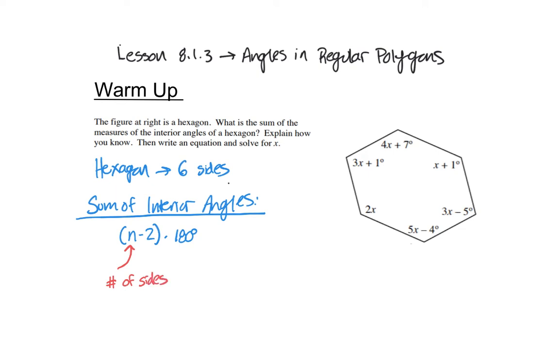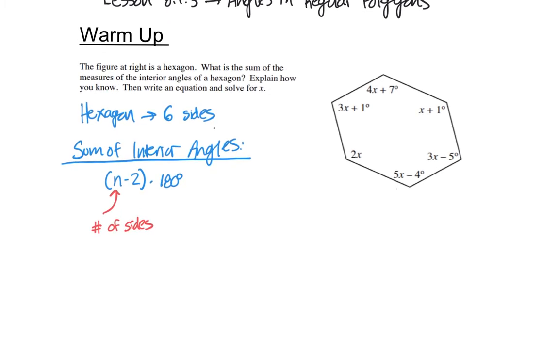So this formula, if you take 6 minus 2 times 180, will tell you what all of the individual angles added up together equate to. If you add all of these angles all the way around, n minus 2 times 180 will do that for us. So let's go ahead and determine what the measure of all of the interior angles in this hexagon will turn out to be.